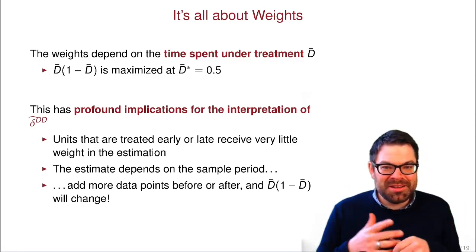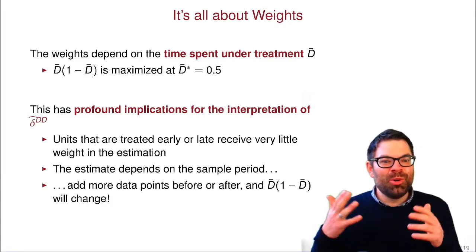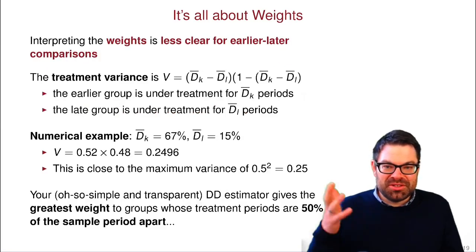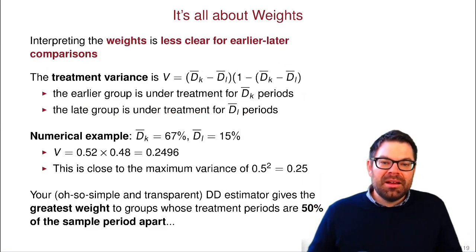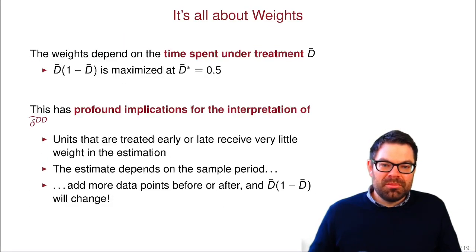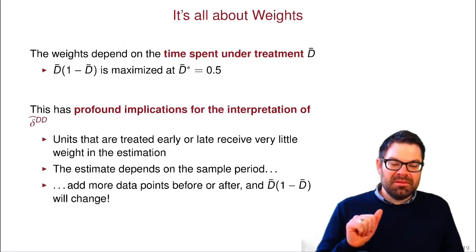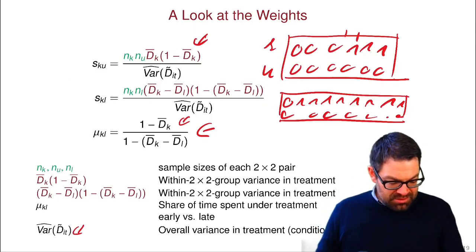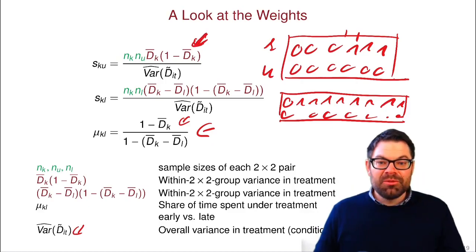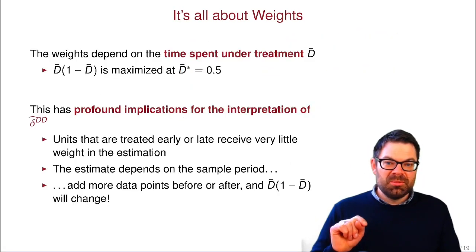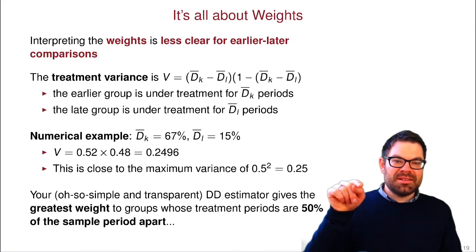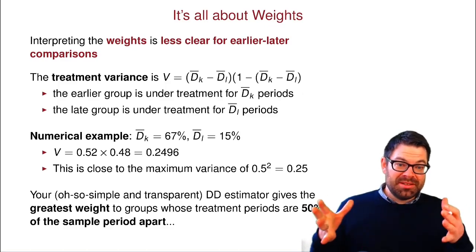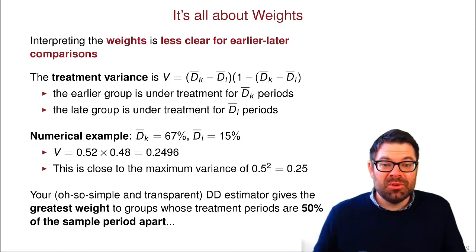You can try this yourself, if you have d 0.4, then you get something that's less than 0.25. There are some numerical examples here, so you can put in the numbers yourself. That's the weight for the treated versus the untreated groups. But now let's look at the weights for the timing, right? That purely exploit that some units are treated early and some units are treated late.